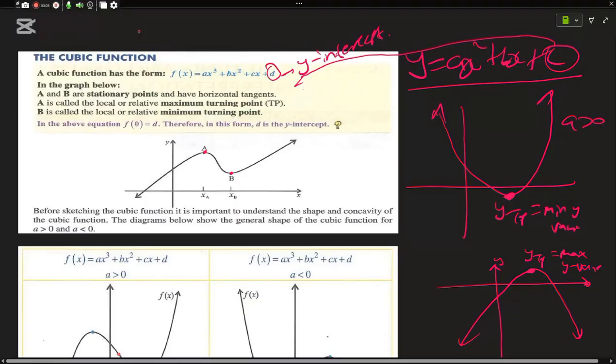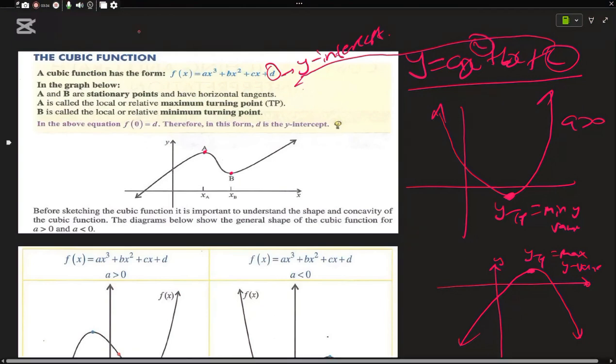Now, you know that the highest degree of a parabolic function is 2, right? And it has one turning point. So the number of turning points is the highest degree minus 1. The highest degree here is 2, then 2 minus 1 is 1. That means we've got one turning point.